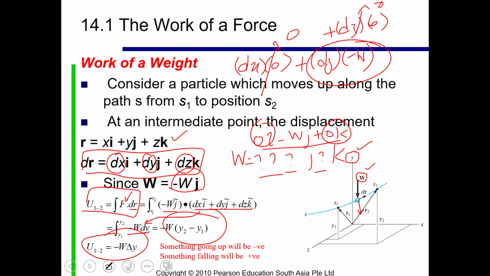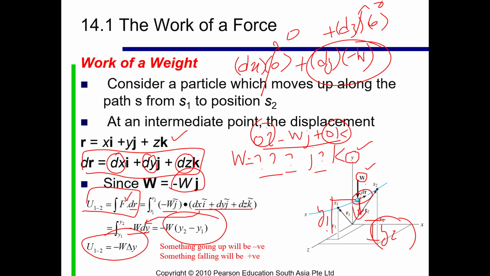Or another way of looking at this, students: when the particle is falling down, what would happen to y2? Y2 will be somewhere here, and Y1 is somewhere here. So the Y2 value should be less than Y1, right?